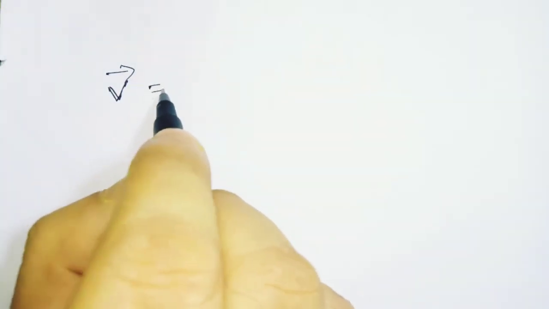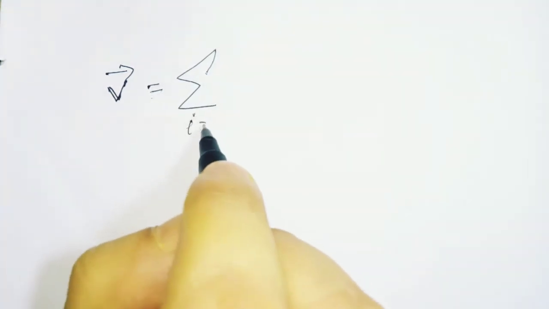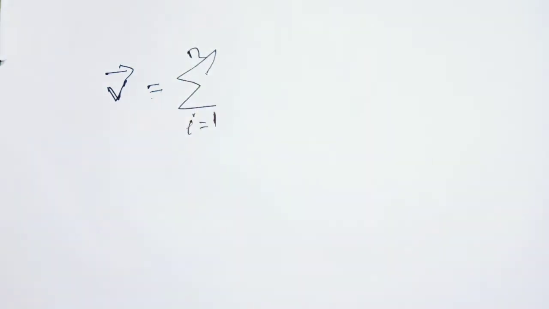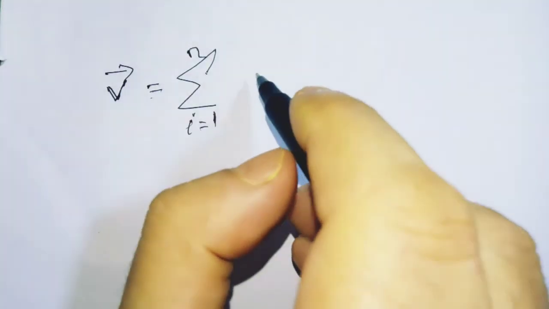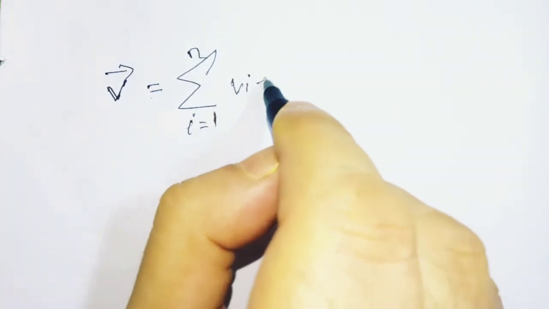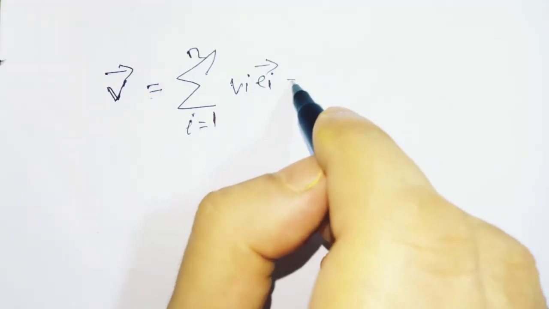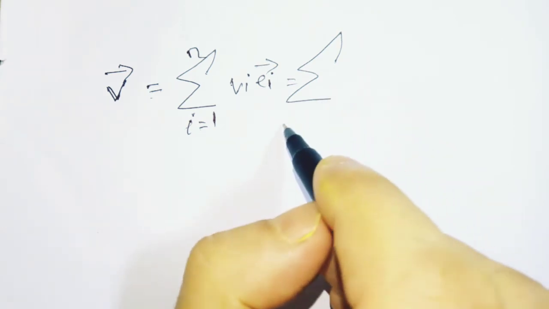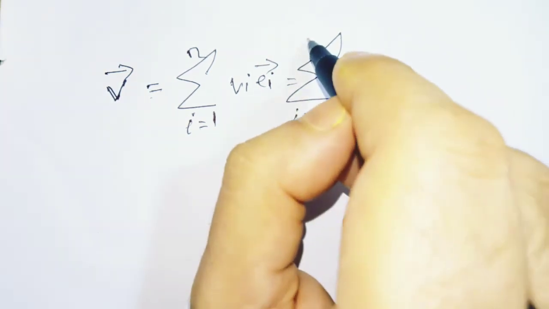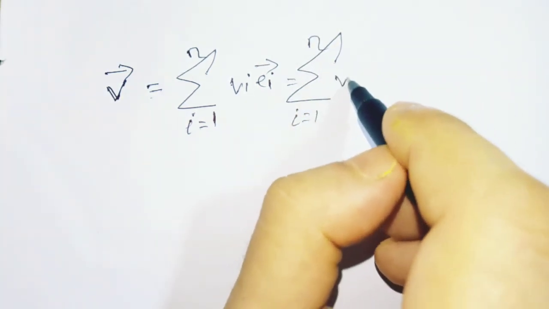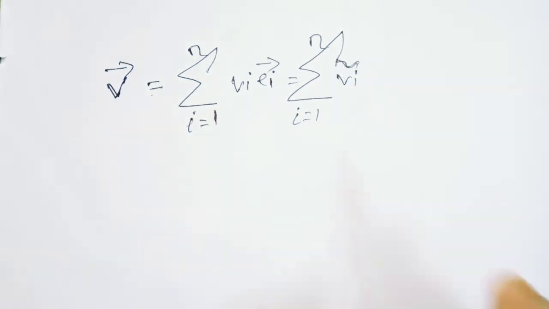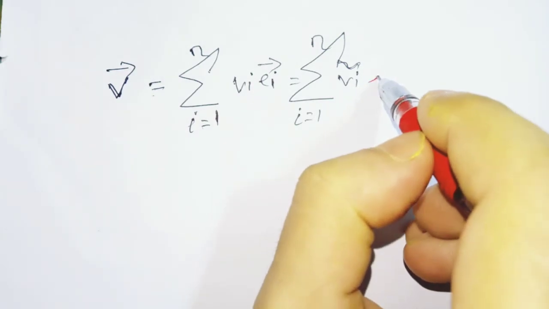So you see, if I can write V equals to a sigma of i equals to 1 to n, and we are doing the same one, V_i, E_i, with an arrow, is obviously equal to what we have achieved: sigma i equals to 1 to n, V_i tilde, and E_i tilde.